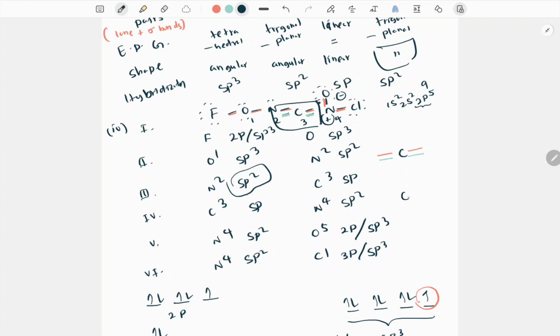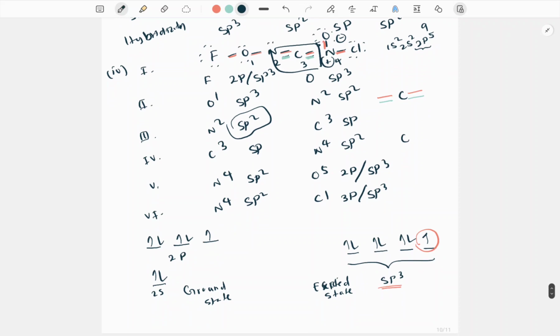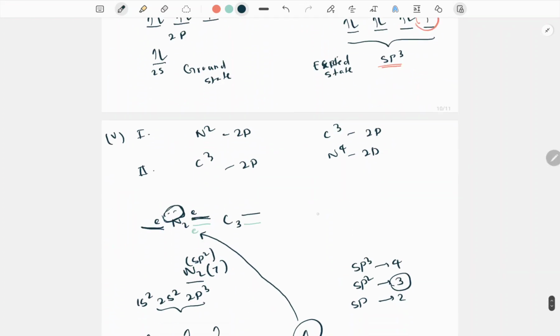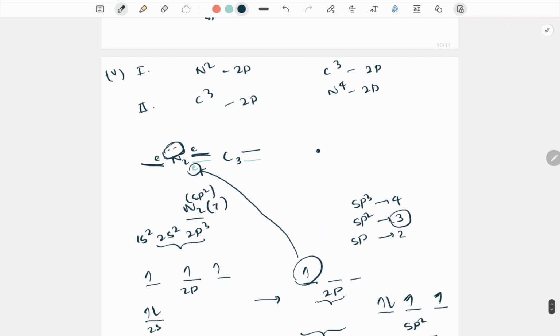This is the carbon, and how is this carbon hybridized? Now these pi bonds, if this is a carbon, the electrons present in this pi bond will be in a 2p atomic orbital, not a hybridized orbital.